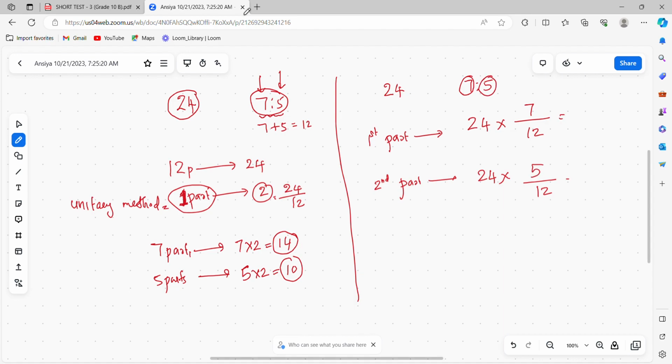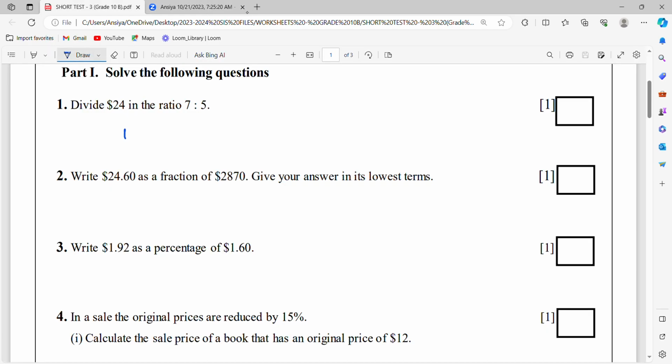This is the other method: 24 times 7 out of 12 parts, and the second part 24 times 5 out of 12 parts. You will get the same answer, 14 and 10. This is how we divide a number as per the given ratio in two methods. You can go with the one which is easy for you. So the answer here is 14 and 10.